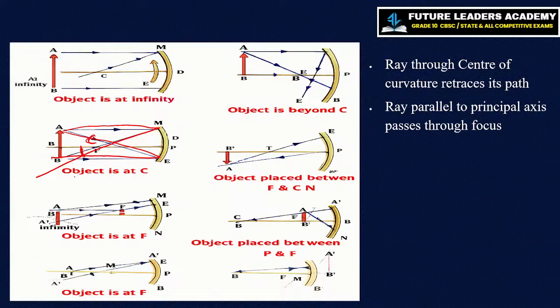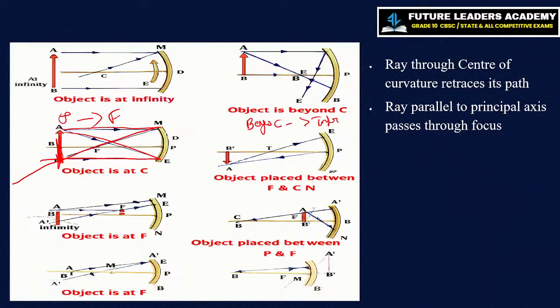Why? Because on C, wait one minute. Object at C, sorry guys, object at C, wait one minute. This ray is passing through the focus point, and this is also passing through F, and these two join at C only. If the object is at infinity, the image forms at F. Beyond C, the image forms in front of C. At C, the image is at C only.